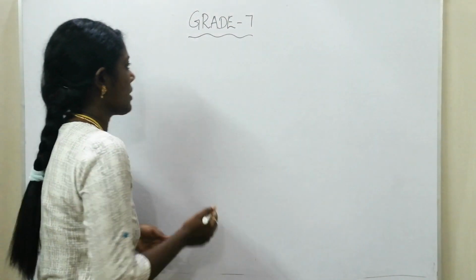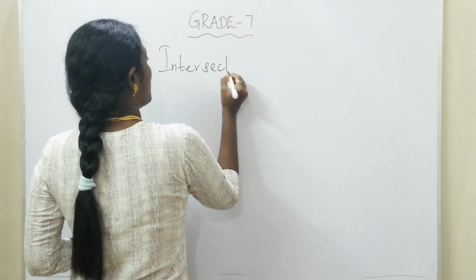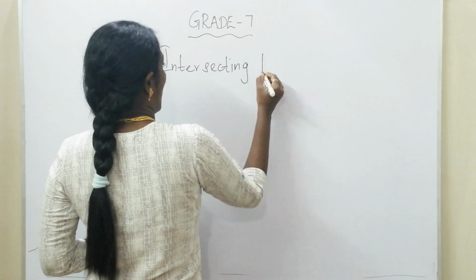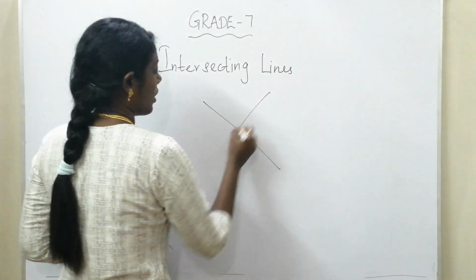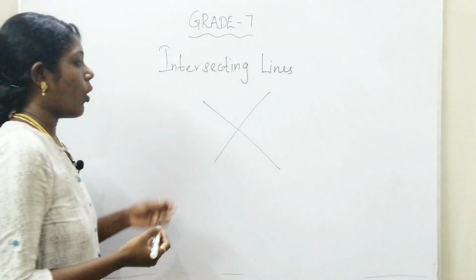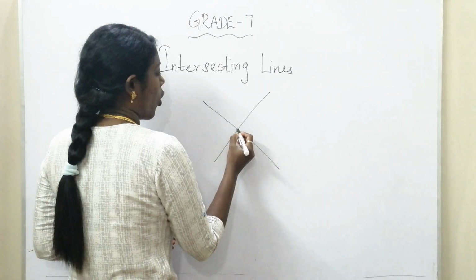Before moving on with parallel lines, let us see what intersecting lines are. Intersecting lines are two or more lines that cross, intersect, or touch each other at a common point.